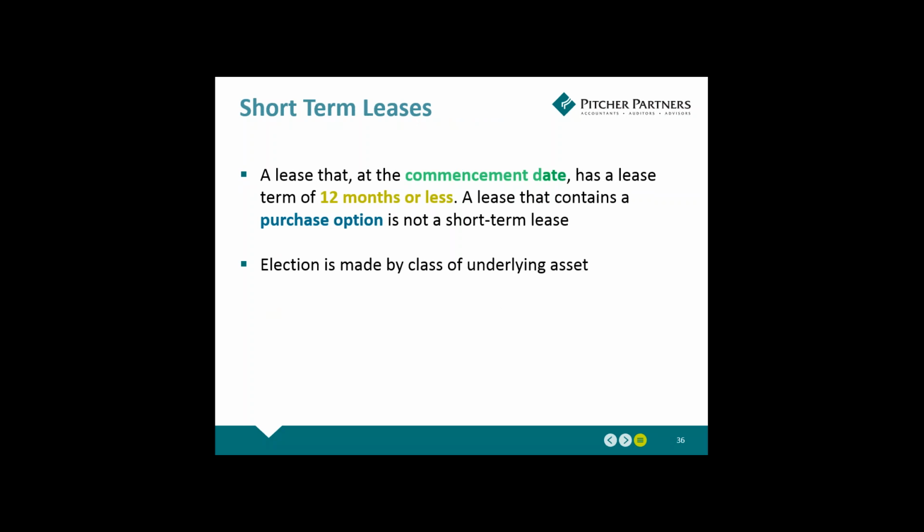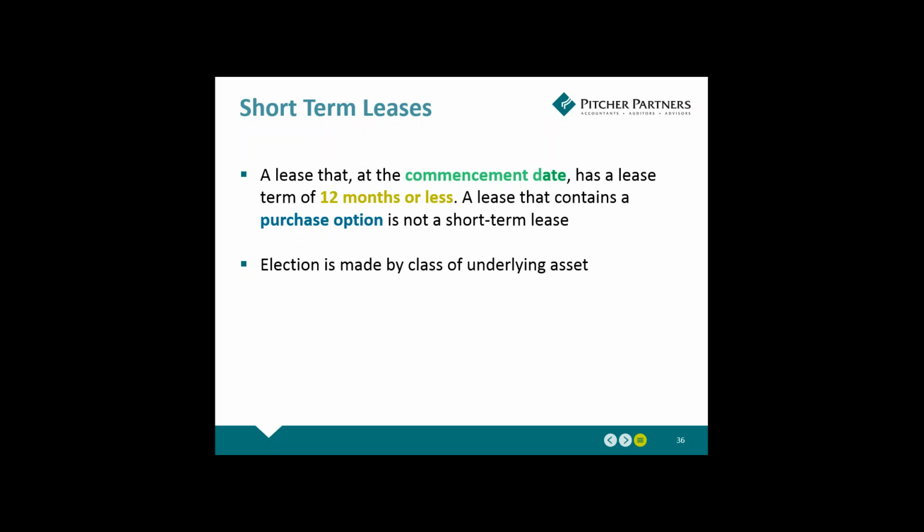The first one, so what does a short-term lease mean? Now, a lease that at the commencement date has a lease term of 12 months or less is a short-term lease. And as soon as a lease contains a purchase option, it is not a short-term lease. And you can make this election by class of underlying asset.